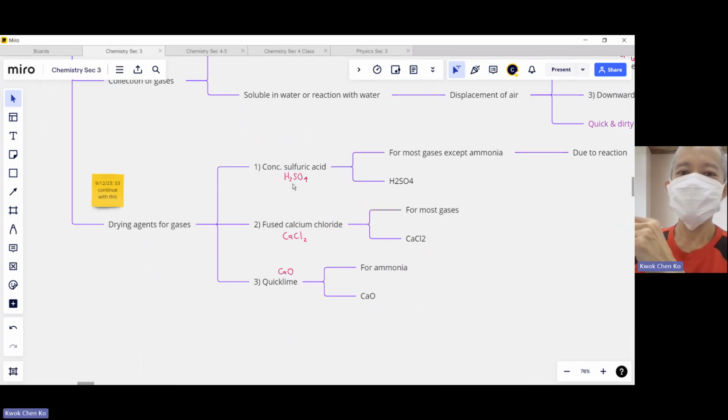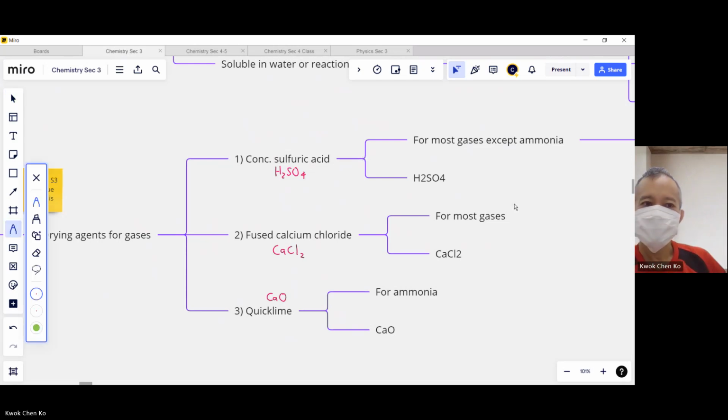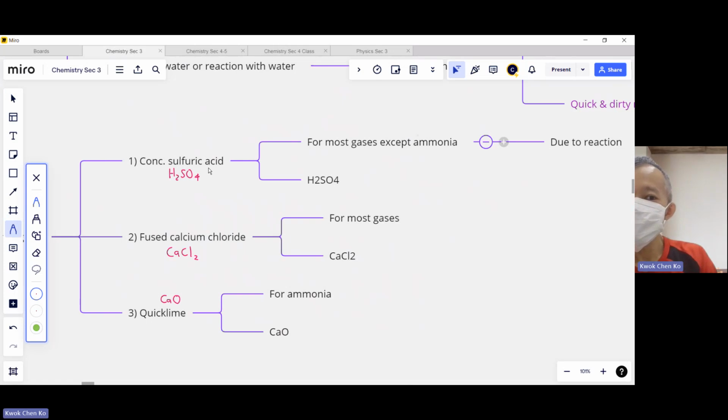What else? Oh yeah, drying agents. So sulfuric acid is of course an acid.